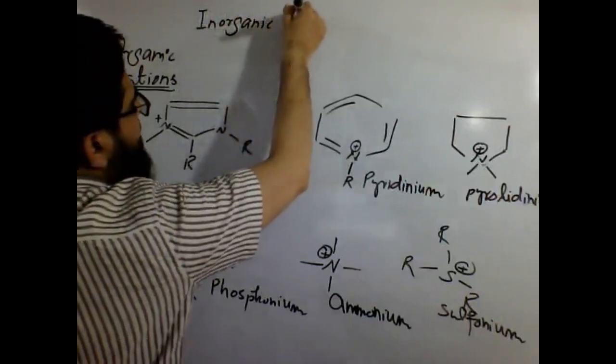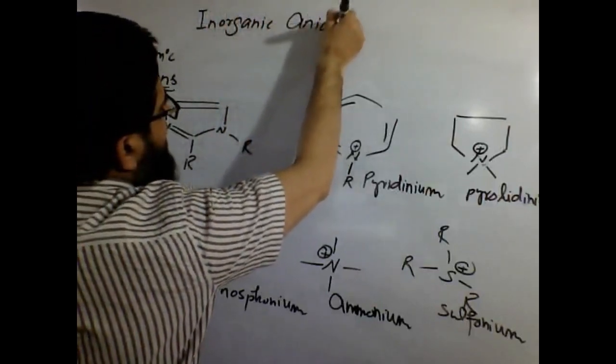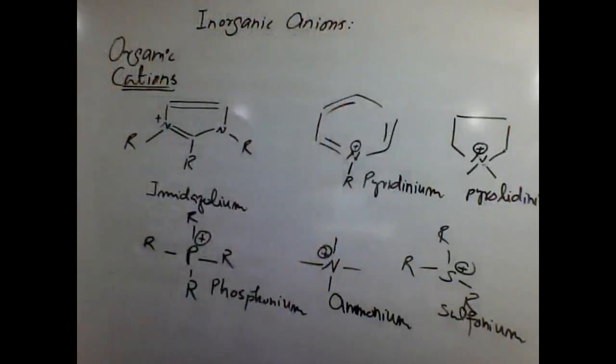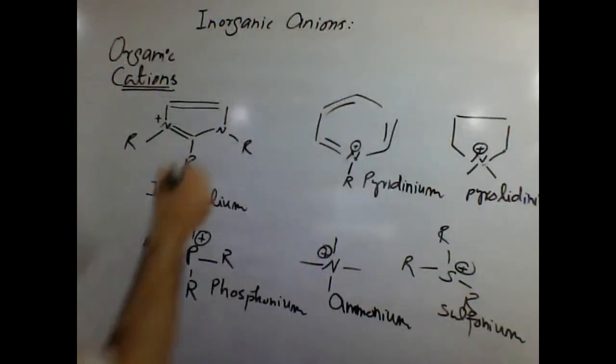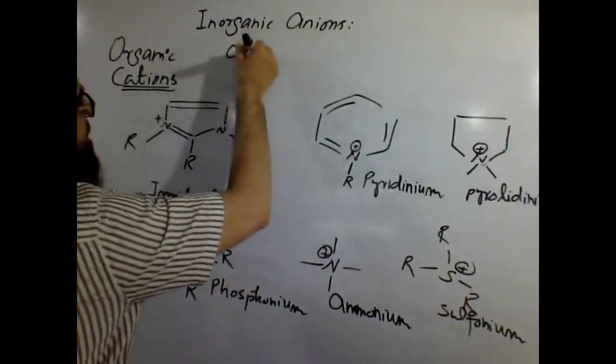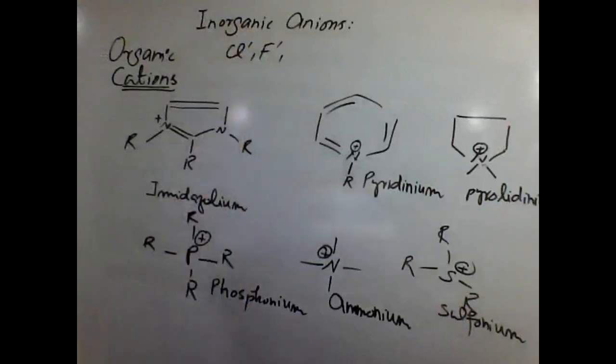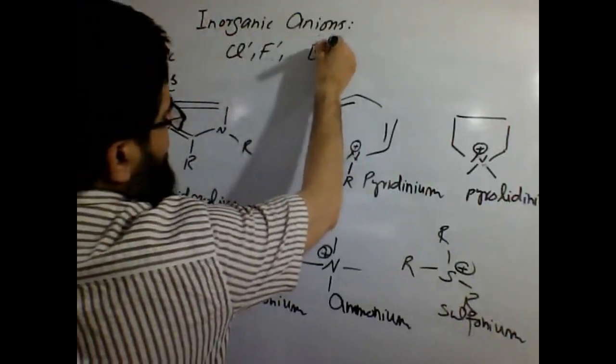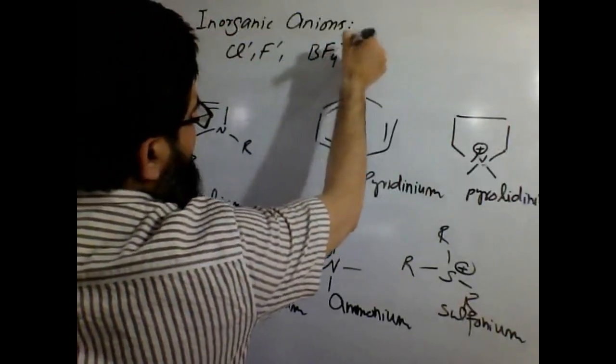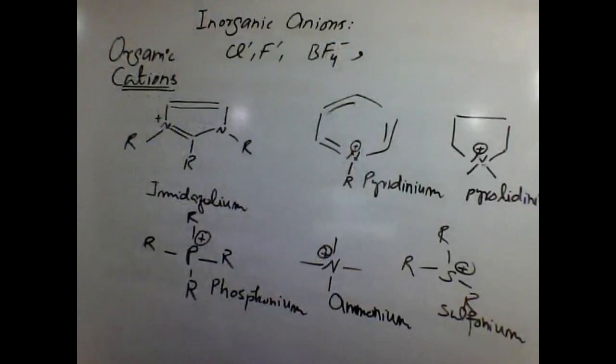Inorganic anions, they could be simple halides, chloro, fluoro, iodo, something like that, or I've just given you BF4 minus, it could be an ion. It is called tetrafluoroborate.